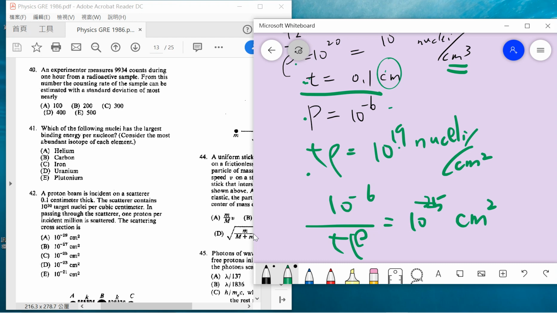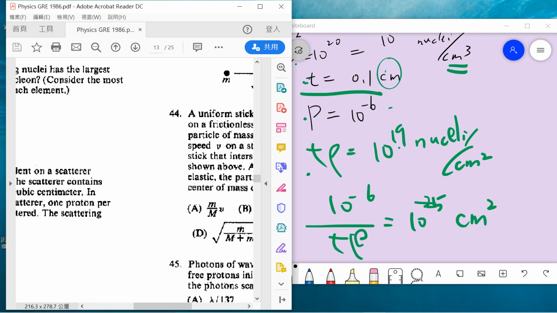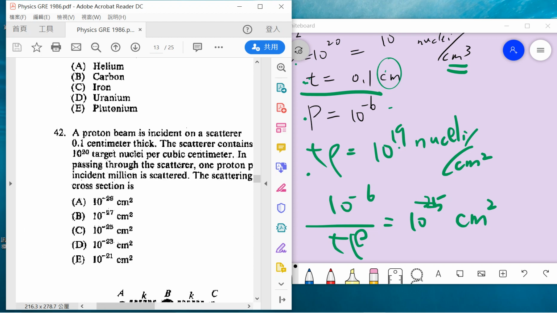Oh no, sorry, 6 minus 19, yes, it's minus 25. So we know the answer should be C. Is it C? Let me see. Yes, so the answer should be C.